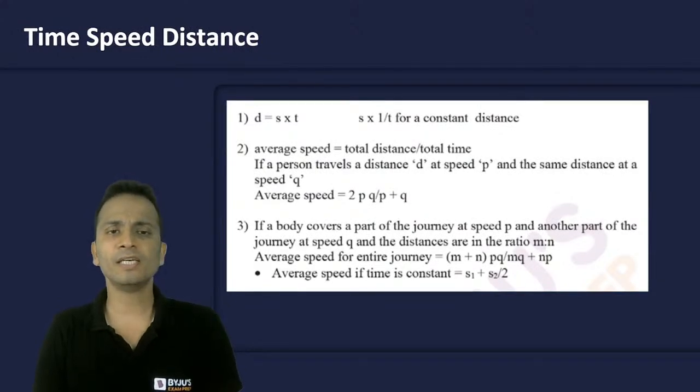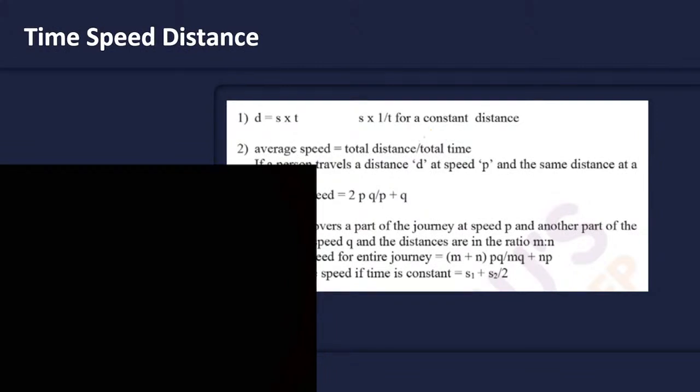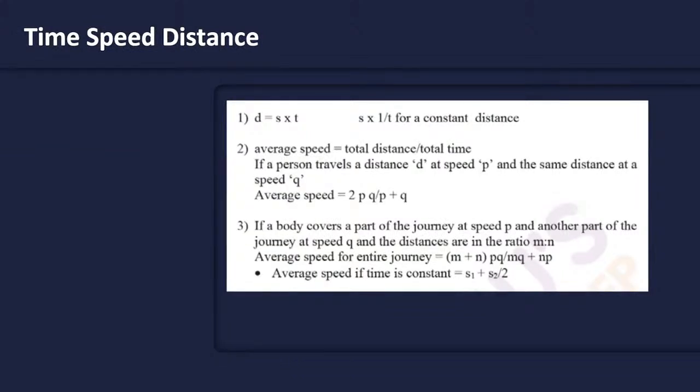Now, the first one is if a person travels a distance d at a speed of p and the same distance at the speed of q.